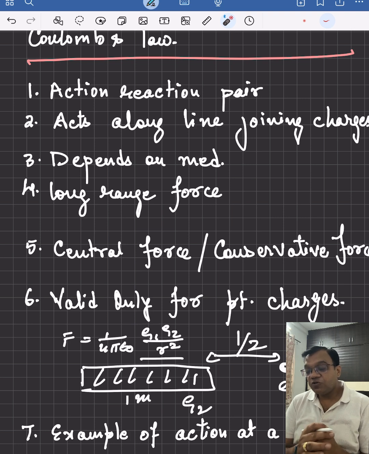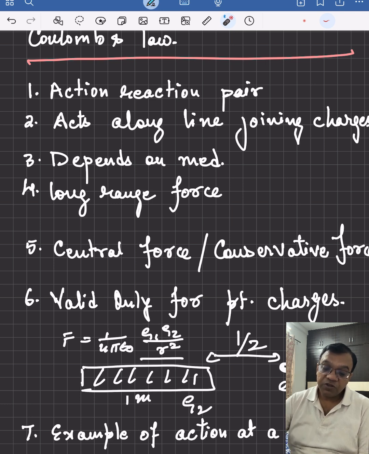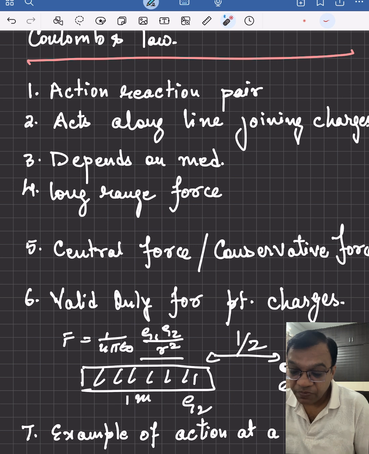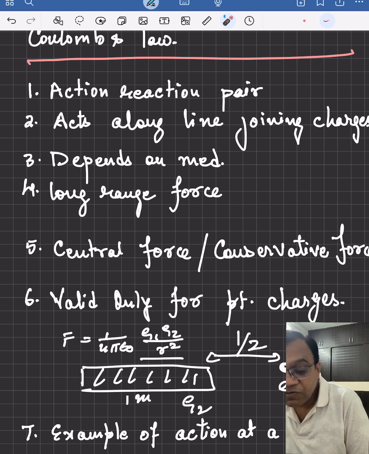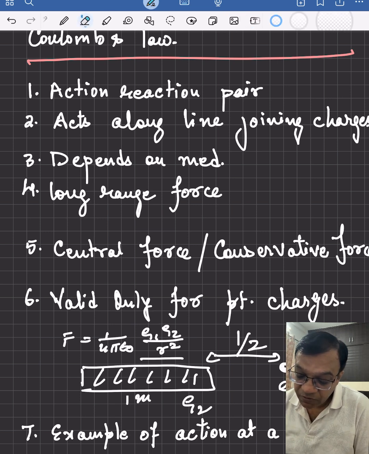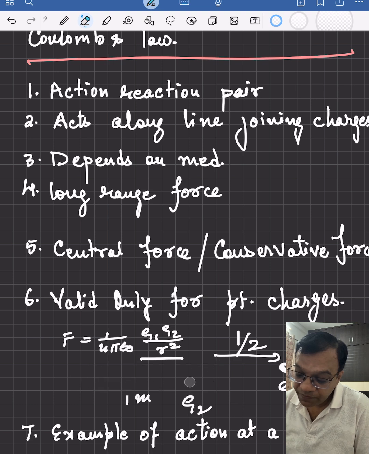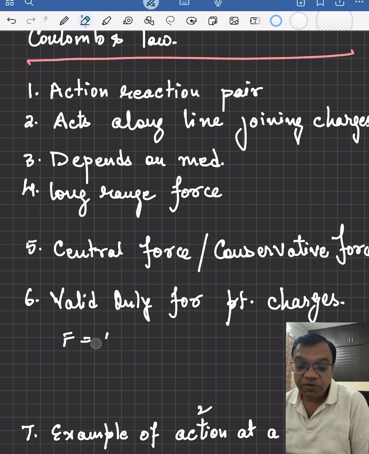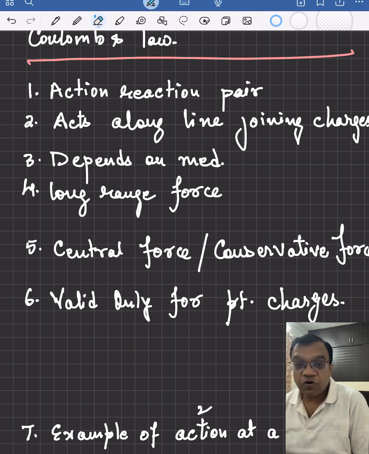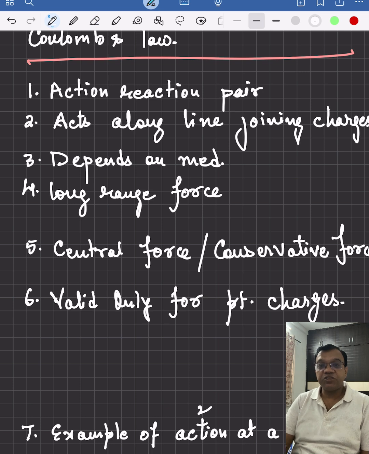So we cannot use this expression F equal to 1 upon 4 pi epsilon naught Q1 Q2 upon R square for this type of extended object. So here we are left with only one solution, that we have to go for the integration technique. And remember, don't try to replace the extended object's charge by a point charge placed at its center of mass. That is going to be a wrong concept, valid only for point charges.